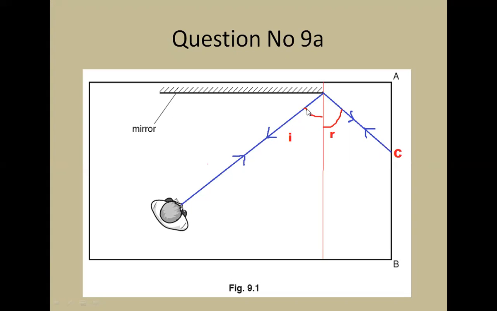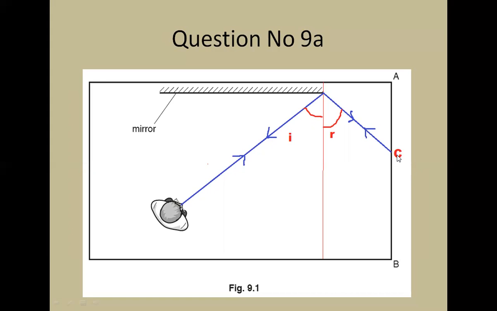With the help of the protractor, I will check how much the angle of incidence is here. And equal to the angle of incidence, I will plot an angle of reflection on this side, and I will draw this line. So this line will cut the wall AB at the point C. So this is the point C.